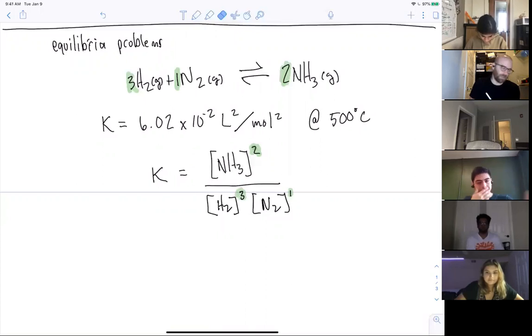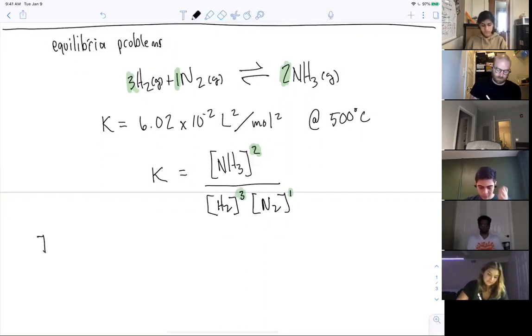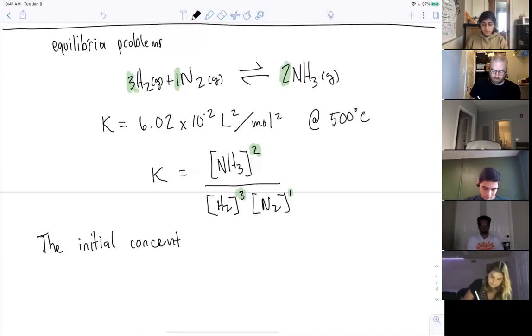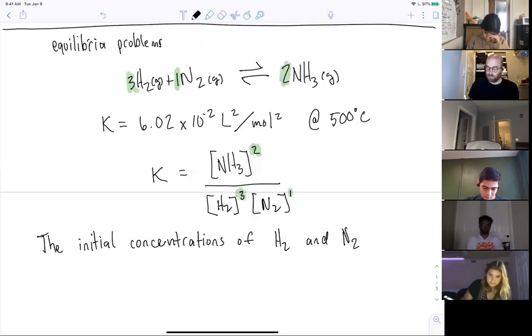So something that might be like, we could say, the initial concentrations of hydrogen and nitrogen are both 1 molar.